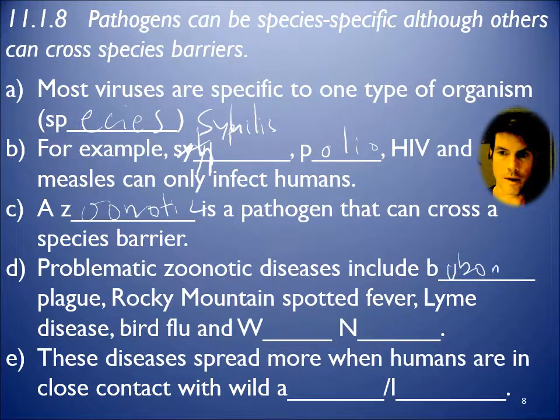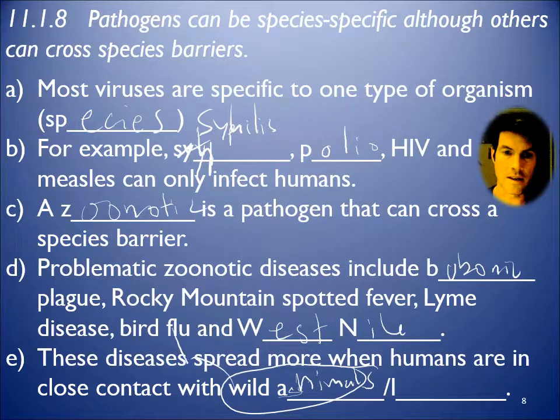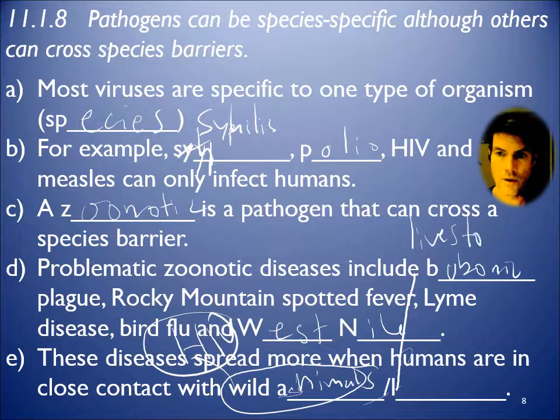Here we got bubonic plague, and right here we got West Nile. Very exotic sounding. We get a lot of times this coming close to wild animals, and this is also, remember, HIV. That's how that got started, humans interacting with wild animals. And then right here is livestock, organized domesticated animals.